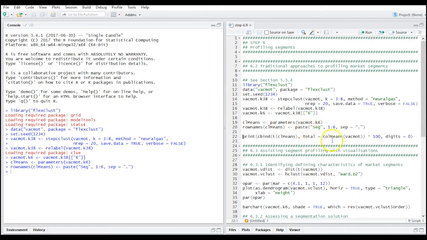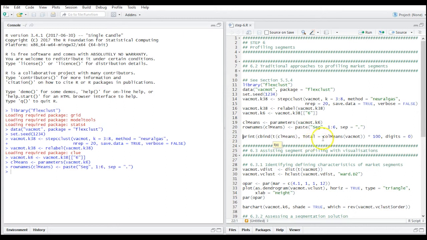It might also be of interest to compare one specific segment to the total population. So we're using that table with the cluster means, and we add an additional column. Here we are transposing the cluster means to have the variables in the rows and the segments in the columns, and then we're adding an additional column. We're c-binding it together, column bind.